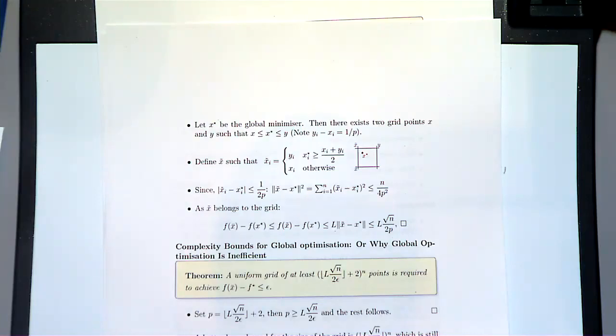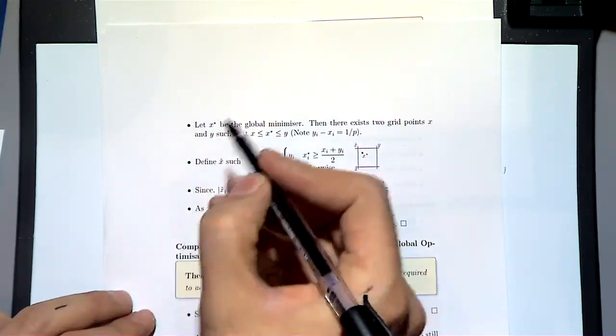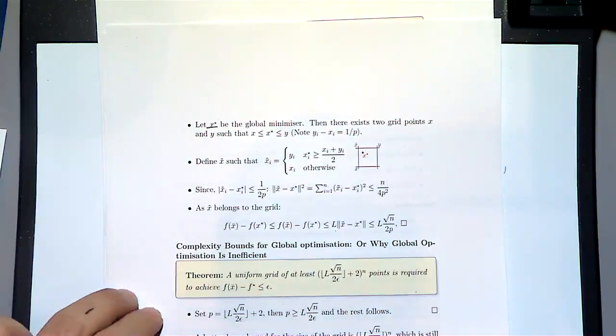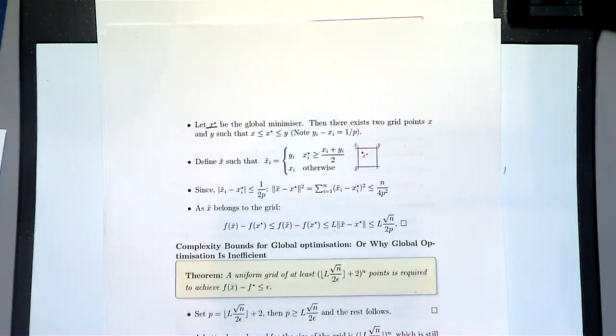Okay, now let's see how I can construct a band like that. Let's assume the unknown solution is x star. Okay? So hopefully, as we are discretizing, we are picking a point that is close to this x star, because eventually this x star solution will be in one of those little cubes, right?